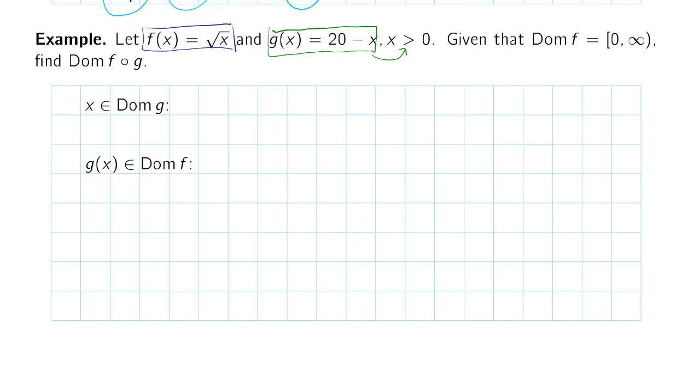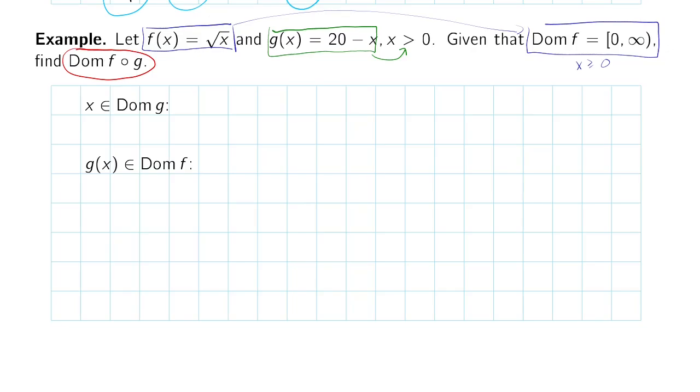The domain of f, we're told the domain of f is the interval 0 to infinity. So that's x greater than or equal to 0. And that's something that we'll be able to find later in the course, but we're given it now for the sake of the exercise. And we want to find the domain of the composed function f composed with g.